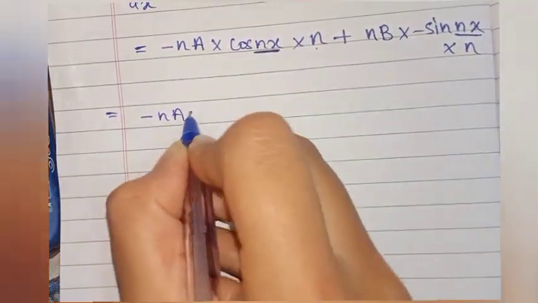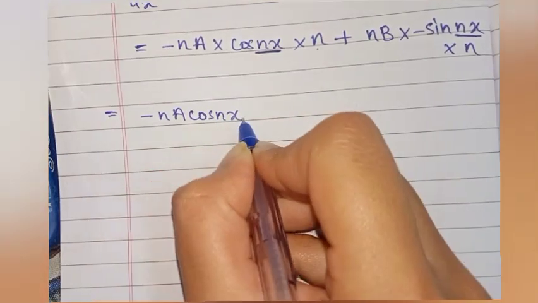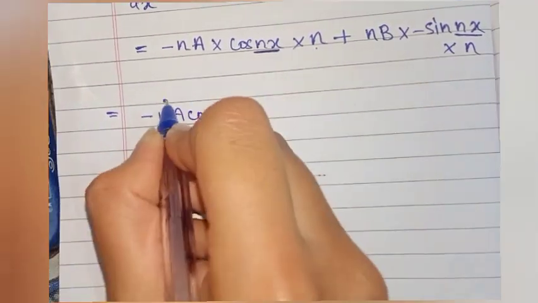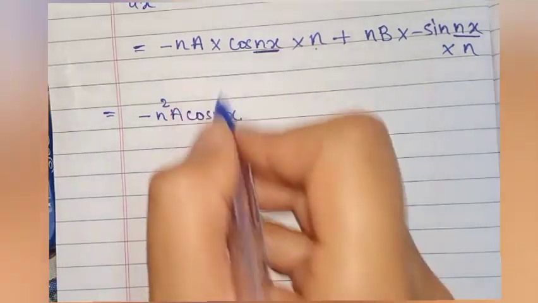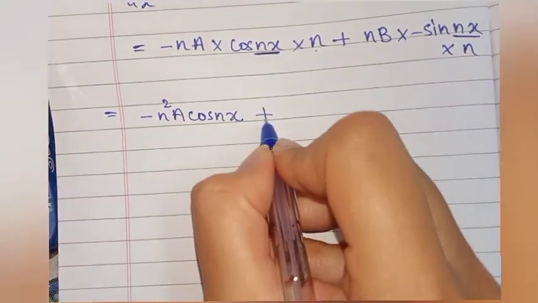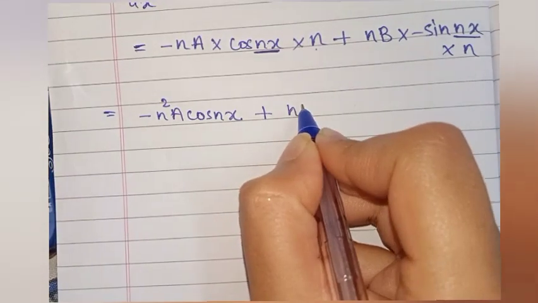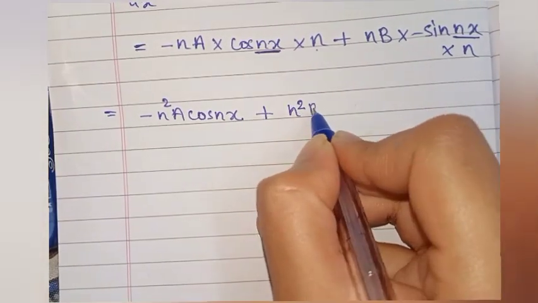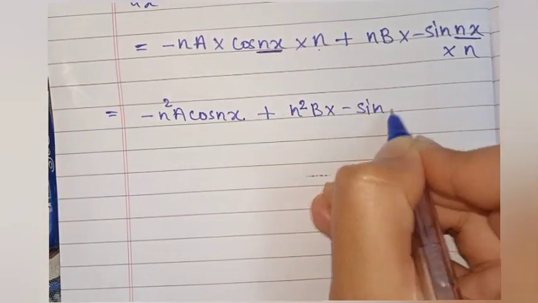So it will be equal to minus n square a cos nx plus n square b into minus sin nx.